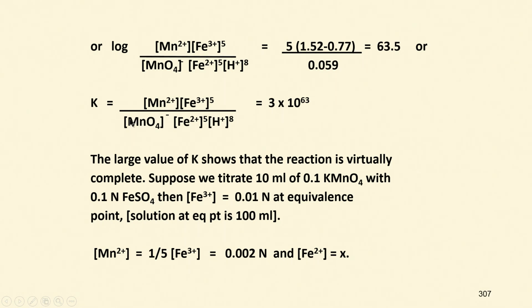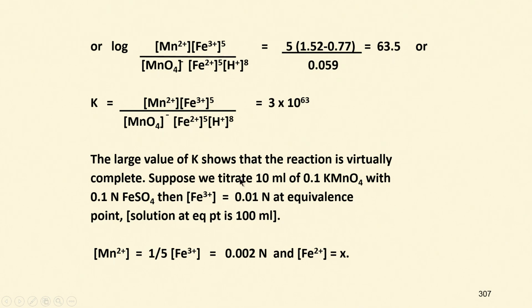Take the anti-log, and that gives me K equal to 3 into 10 raised to 63. Again the large value of K shows that the reaction is virtually complete. Any time you want to see whether a reaction is complete or not, all you have to do is look at the value of K. If it is more than 10 raised to 3, simply say that the reaction is very fast.